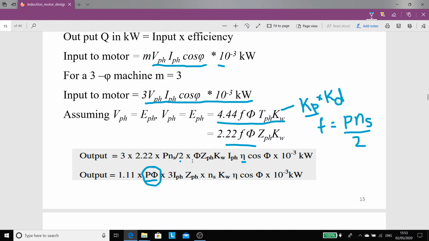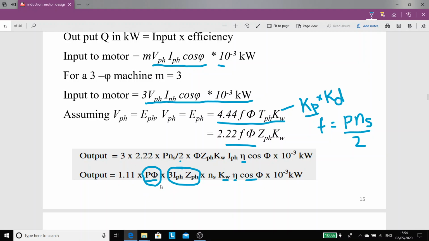Similarly, this 3, this Z, PH and IPH I put together, because this product of 3 times IPH into ZPH represents your total electric loading. Then this NS is the synchronous speed in RPS, this KW is the winding factor, this is efficiency, this is power factor, and so on. So this is the output equation.